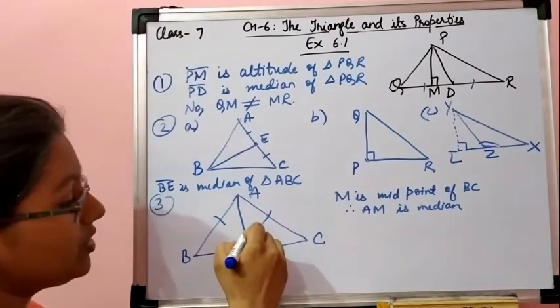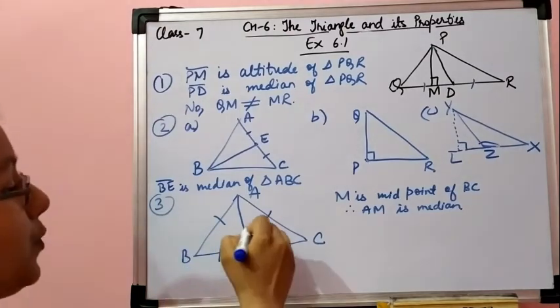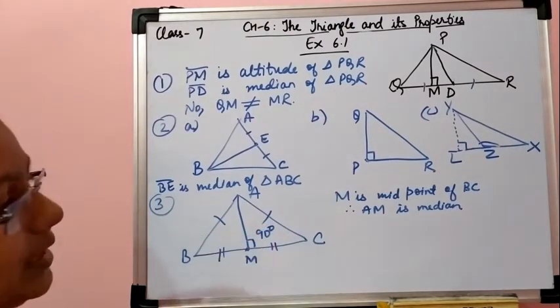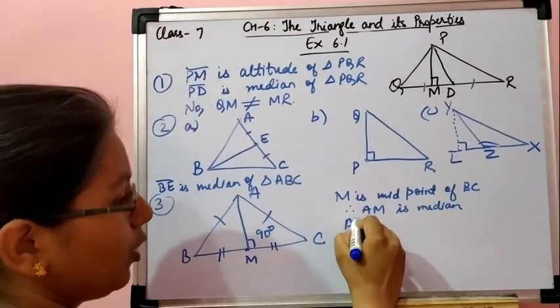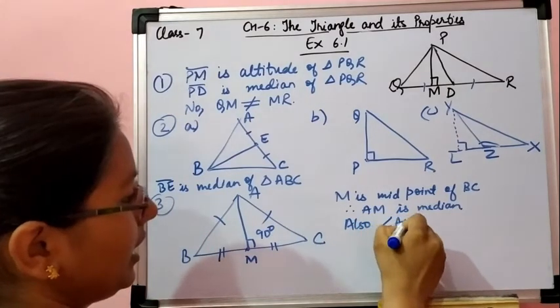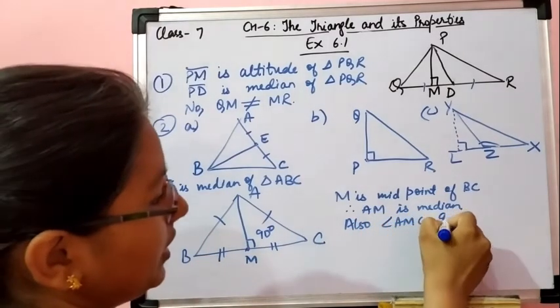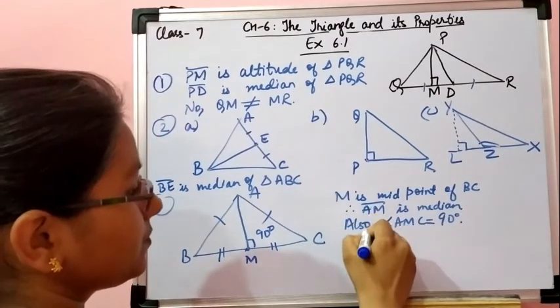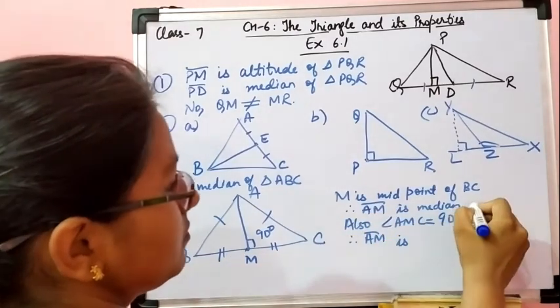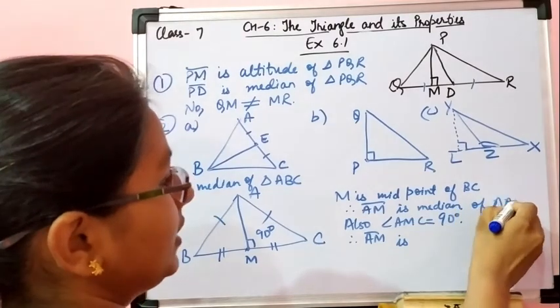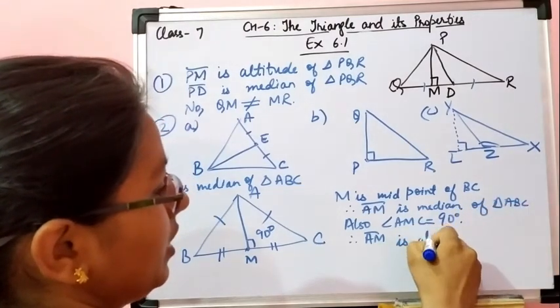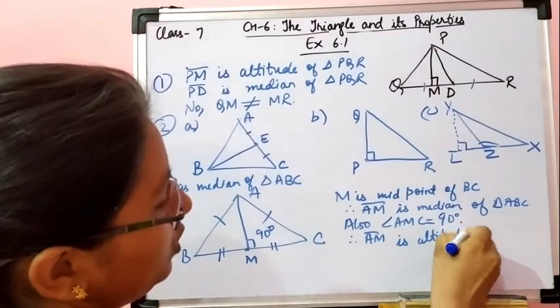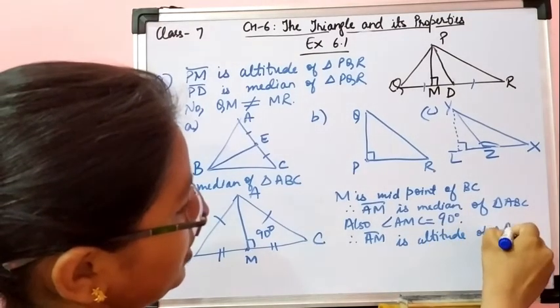Also, when you will measure the angle with the help of protractor, you will find this angle to be 90 degree. Okay. So we will write also angle AMC is equal to 90 degree. Therefore, AM is altitude of triangle ABC.